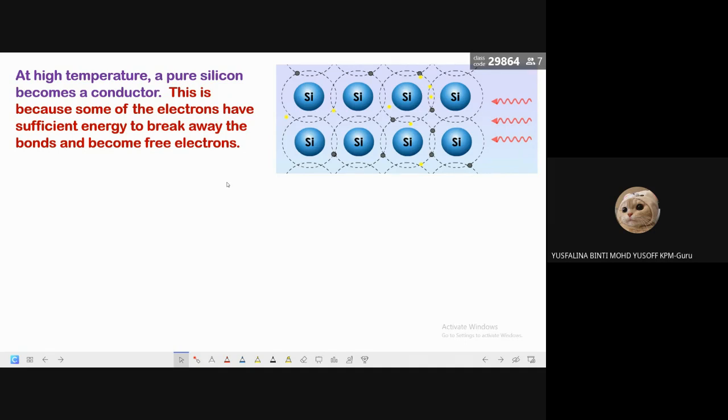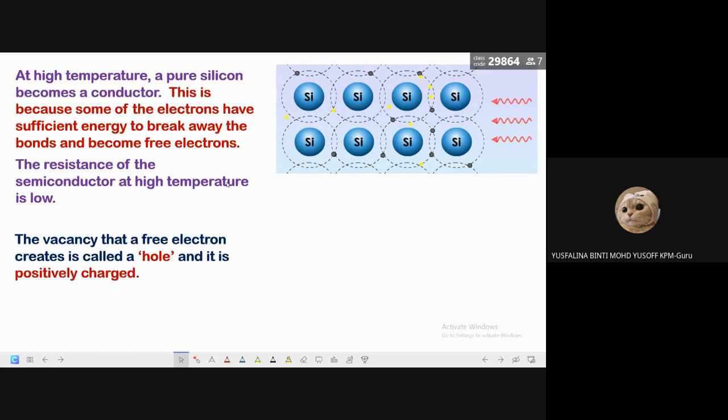But at high temperature, you give heat energy to the silicon, so the electrons gain energy from that. When they gain enough energy, they can break away from the bonds and become free electrons. So the resistance of the semiconductor at high temperature is low, right?